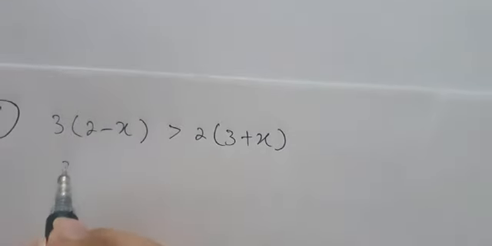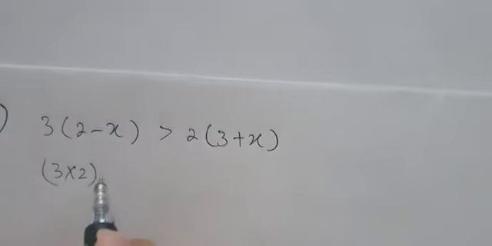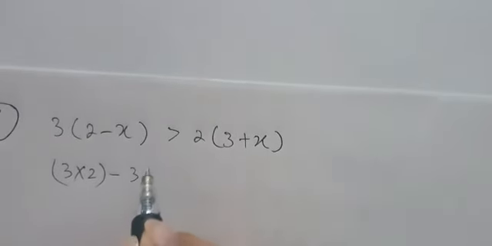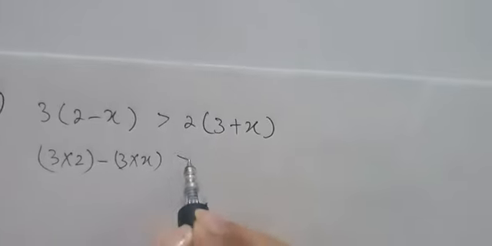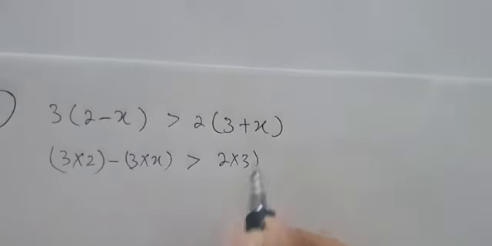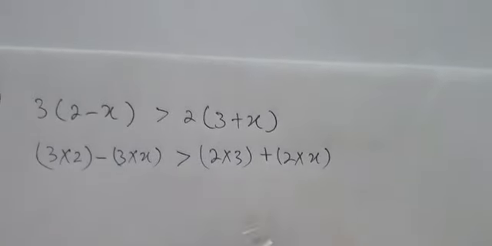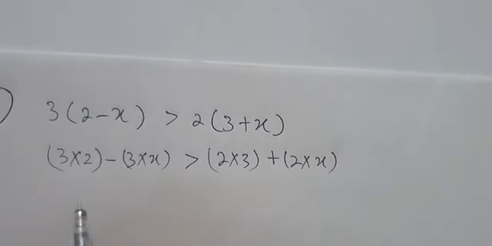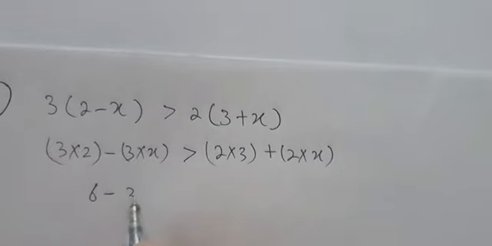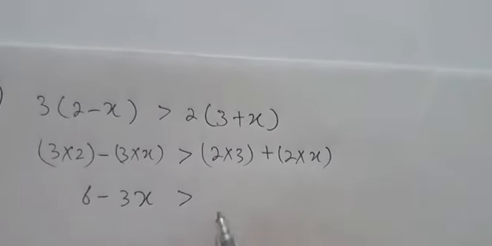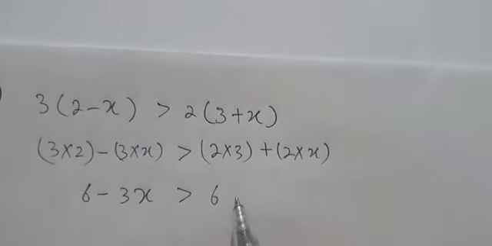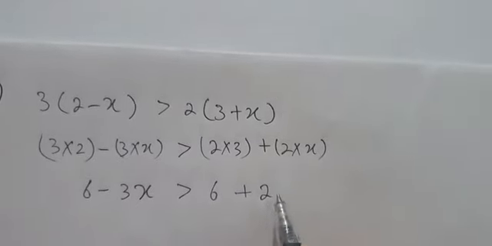So from here we will get 3 into 2 minus 3 into x strictly greater than 2 into 3 plus 2 into x, and what we get from here is 6 minus 3x strictly greater than 6 plus 2x.